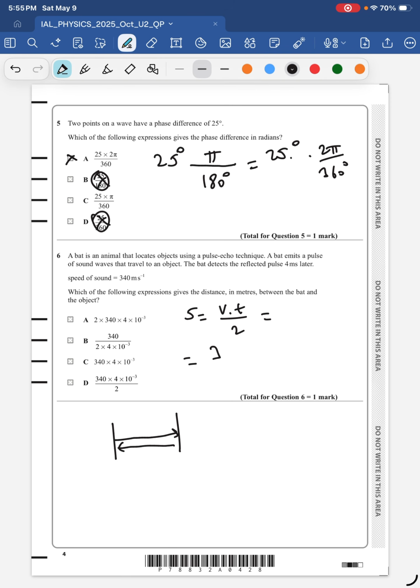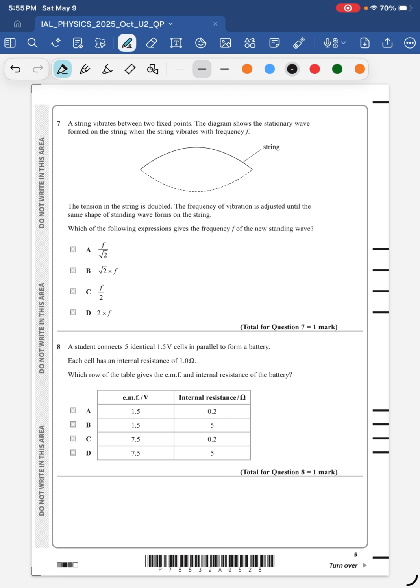So v is the speed of sound, of course, 340 times the time, 4 times 10 to the negative 3 over 2, which is option D, right? And again, in this example, you can eliminate most answers just by inspection, okay? Okay, let's move on.